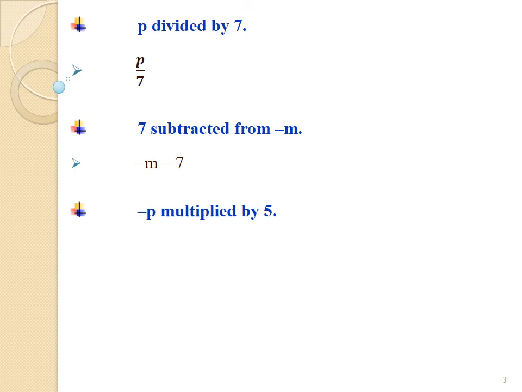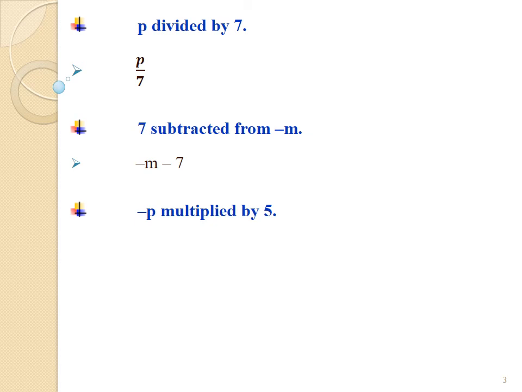But in this statement, we put multiply sign because if we do not put multiply sign, then we will get the expression as 5 minus p, and it will be read as p subtracted from 5 instead of minus p multiplied by 5. So we use multiply sign while writing the expression.